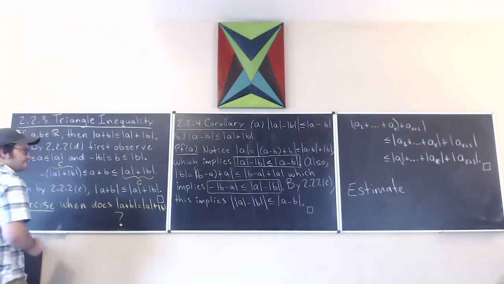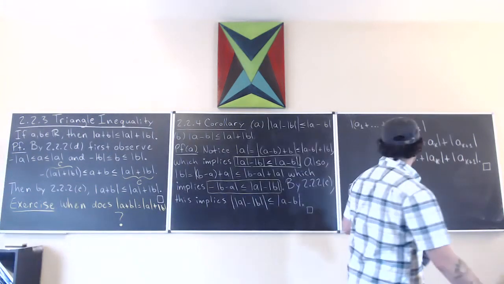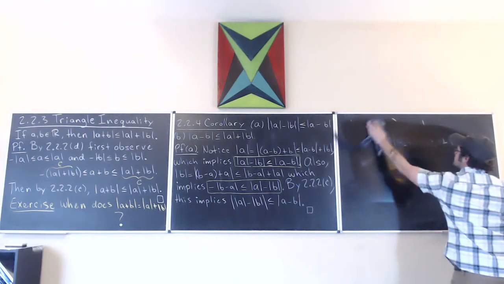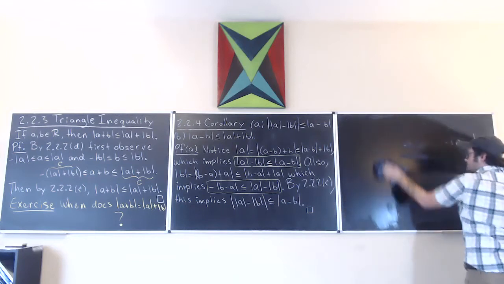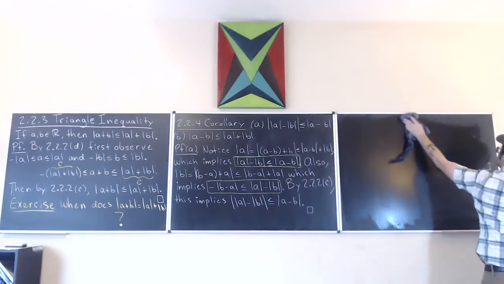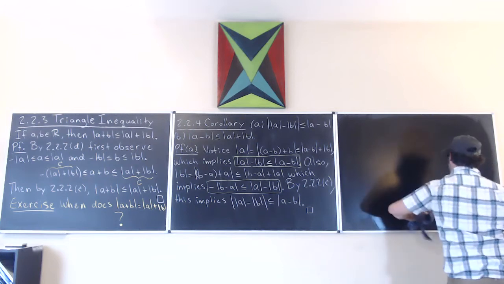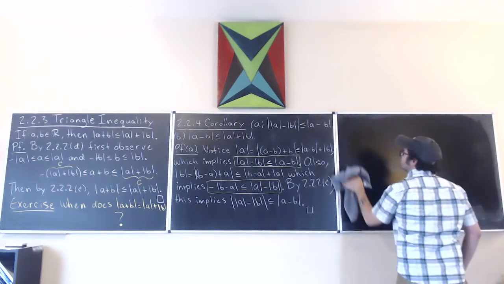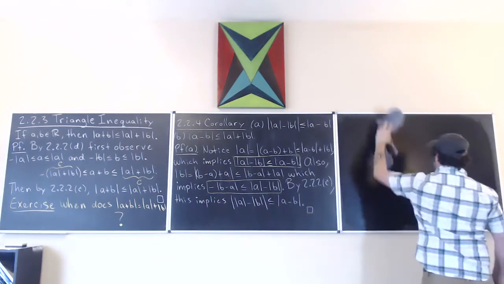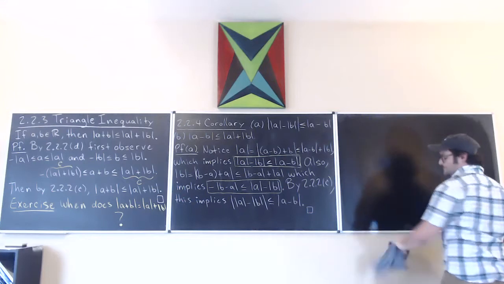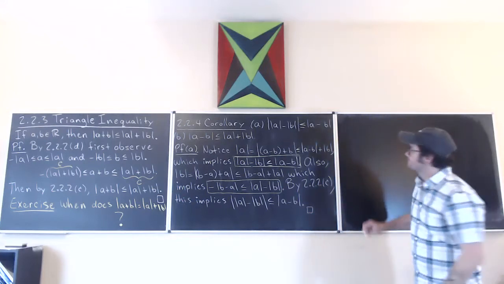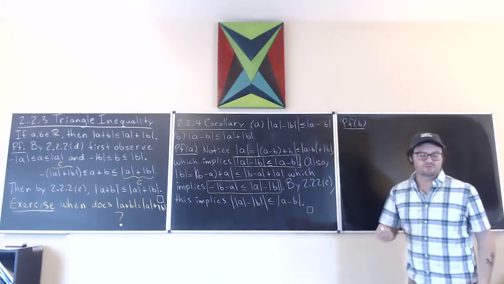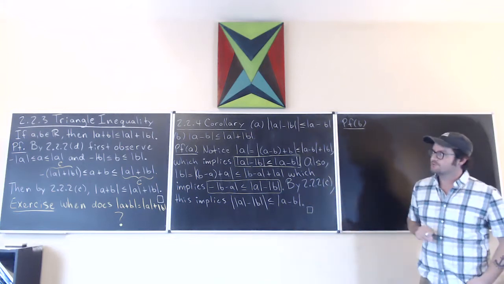Okay. And next, we should prove part B. Okay, so here's the proof of B. It's a similar trick. We're going to do this adding zero trick in the original triangle inequality.